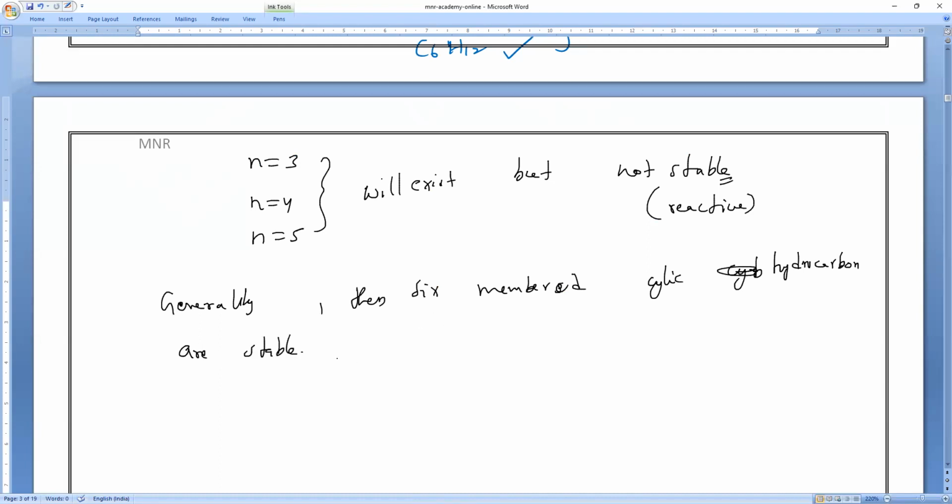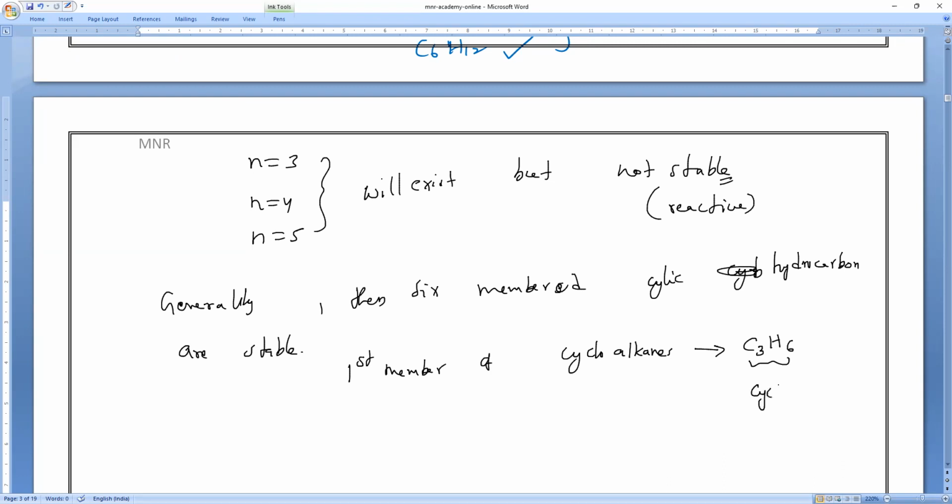Who is the first member of cycloalkanes? Make it quick, all of you. C3H6, but it is not stable.